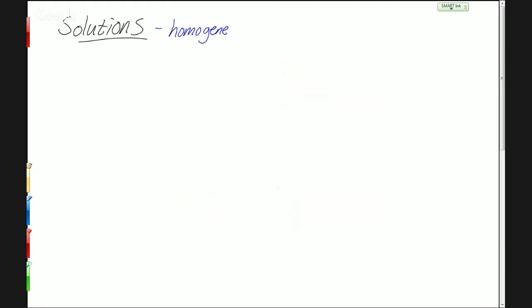A solution is really just a special type of homogeneous mixture. The thing that's special about it is the level at which the different parts are related.